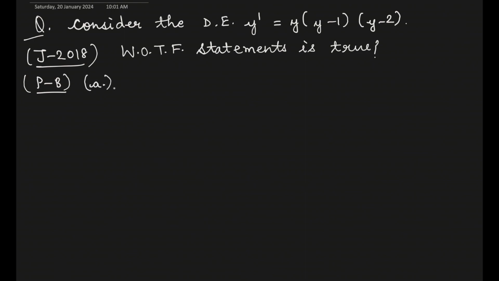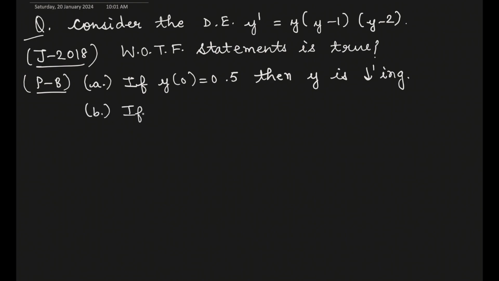Option A, if y(0) is equal to 0.5, then y is decreasing. Option B, if y(0) is equal to 1.2, then y is increasing.